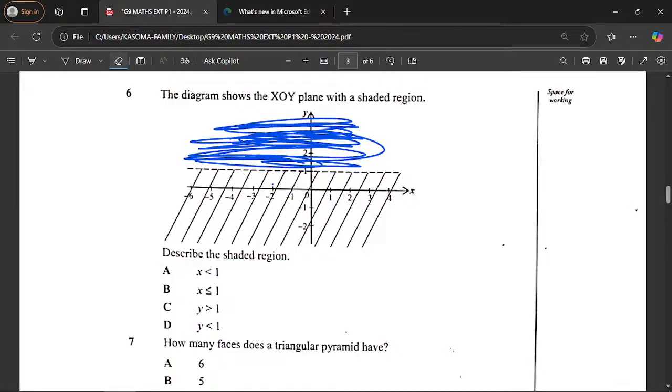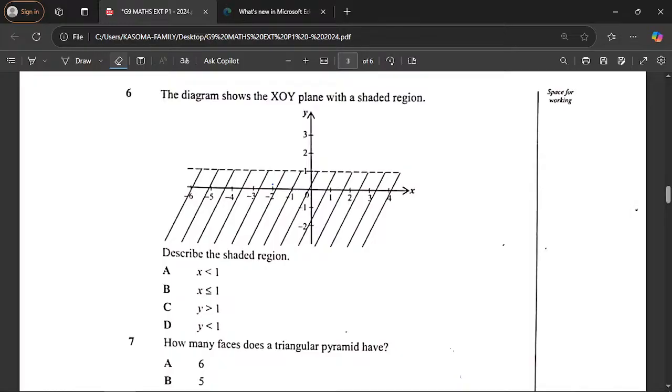Now, since it's not the top that is shaded, it's down, then we can say C is not correct. The shaded area is y is less than 1. So meaning D, y is less than 1, is the one that describes the shaded area. Okay, let's see if you have got questions. If there are no questions, you can go to the next question.